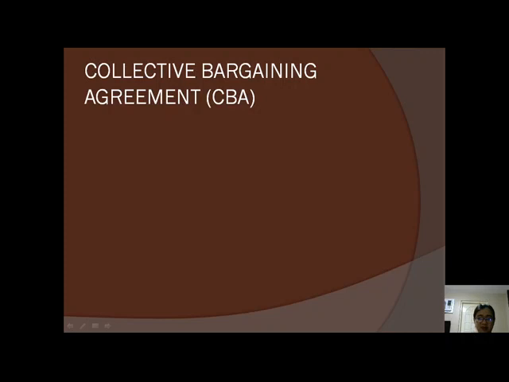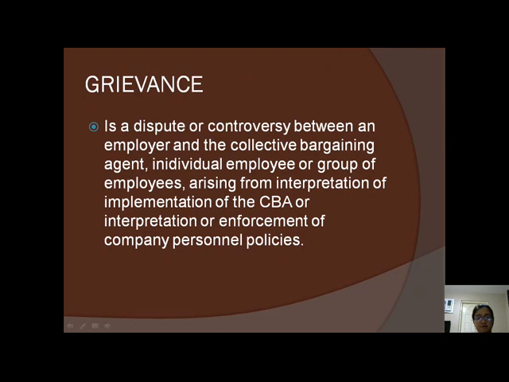It is the process wherein, if there will be labor disputes, there are members of the grievance committee that will handle or manage the dispute. Okay.